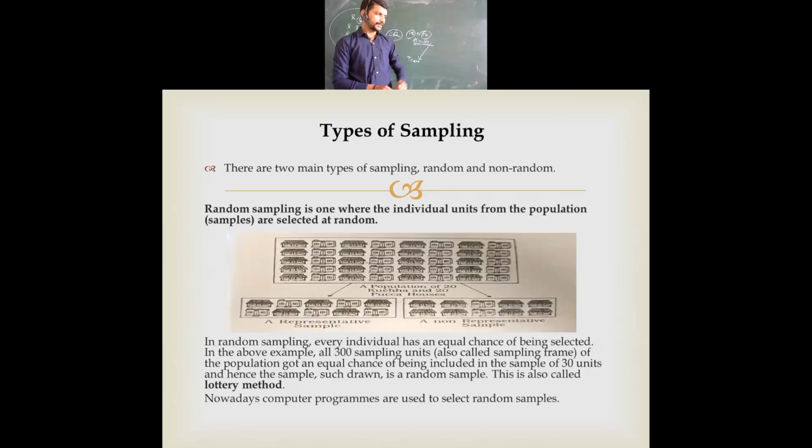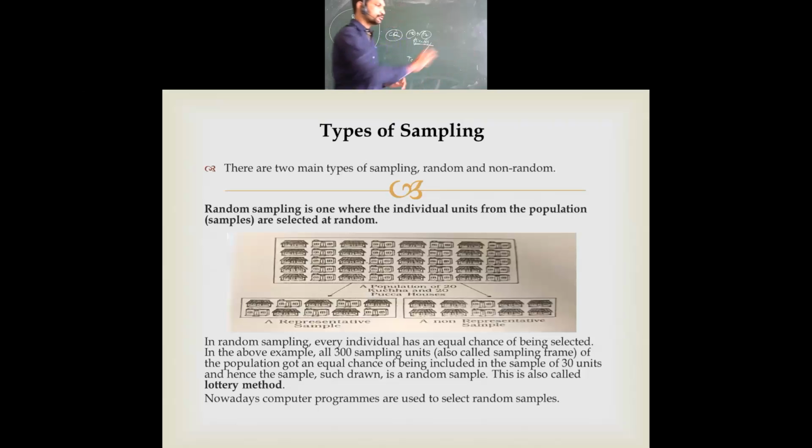Now in the explanation part you will come to know more. In random sampling, every individual has an equal chance of being selected. In the above example, there are 300 houses, and I am going to collect 30 houses as a sample, meaning 10% of the people. So every individual has a chance to be selected to collect the information. All 300 sampling units are also called the sampling frame.